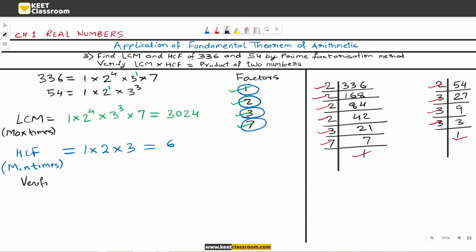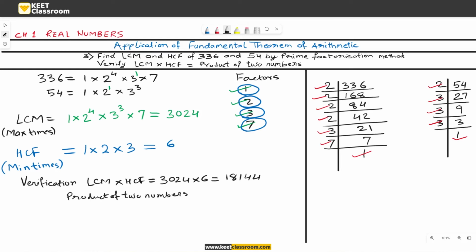Now the verification. So let us multiply LCM into HCF. LCM is 3024 and HCF is 6. This multiplication is 18,144. Now let us take the product of the two numbers. The two numbers are 336 into 54.